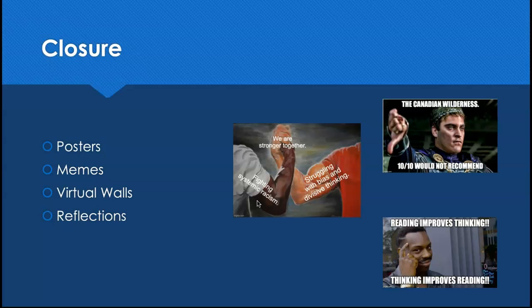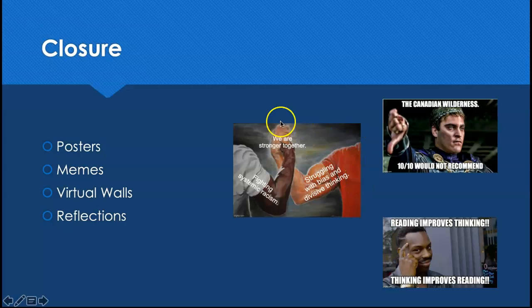And then you go to closure. Sometimes with a genre motif activity, there might be posters created and things like that and shared with the class. For some of the books we did, the students created memes.